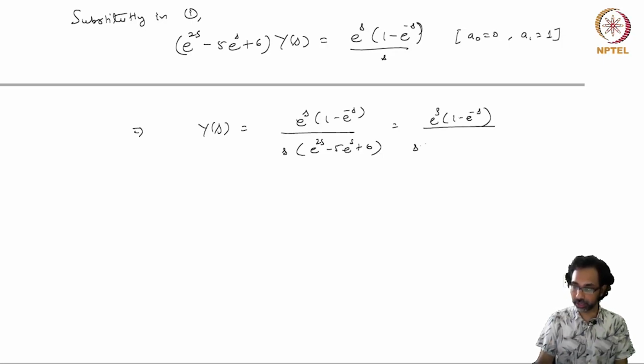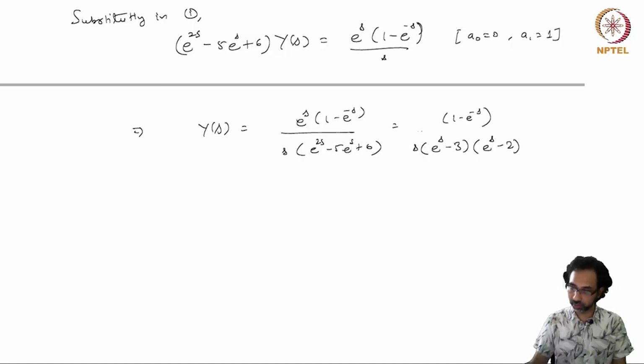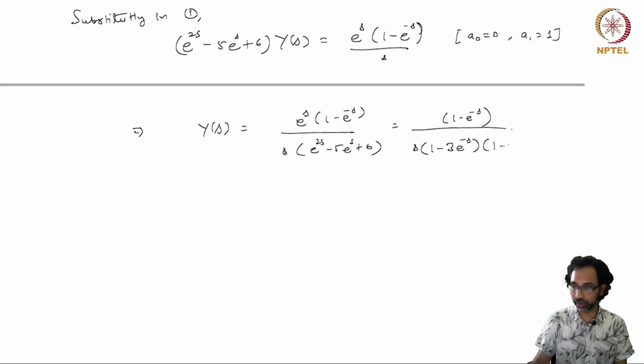It can be written as (e^s − 3) multiplied by (e^s − 2), and now I am going to take one factor of e^s from the numerator downstairs. So this can be written as (1 − e^(−s))/s divided by (1 − 3e^(−s))(1 − 2e^(−s)).